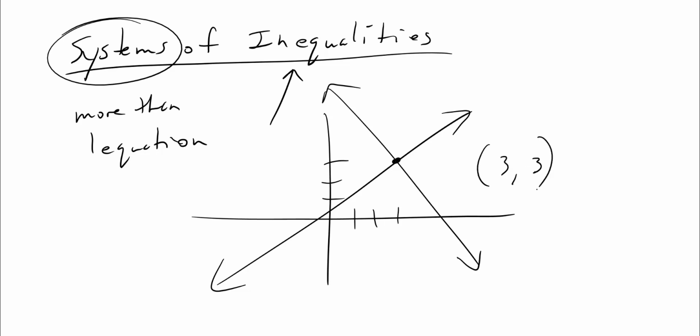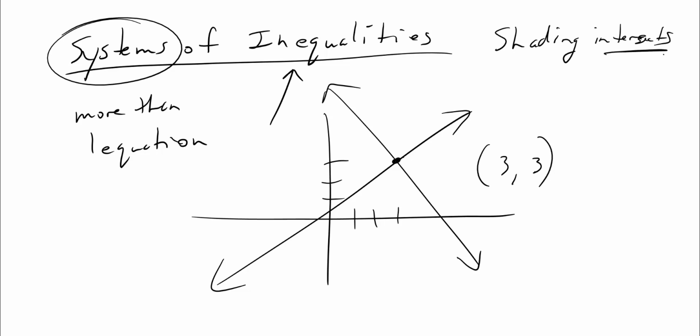Well, now what's going to happen is you're going to shade, because we're doing inequalities, and basically the key is you want to shade both inequalities, and you want to see, just like this one where the line intersects, where the shading intersects.